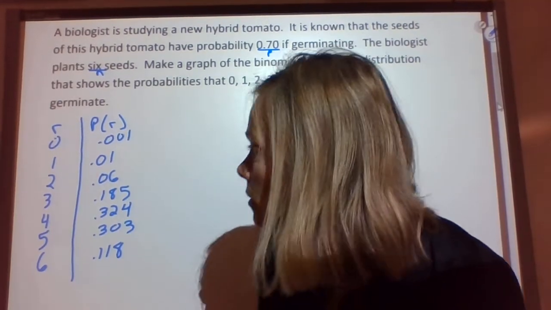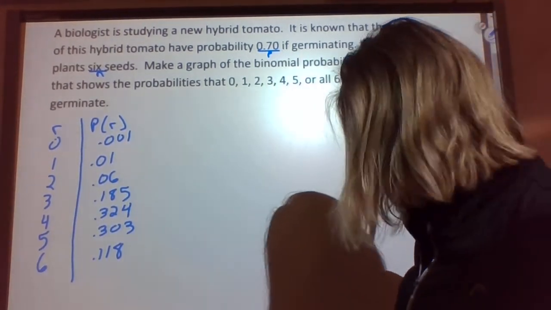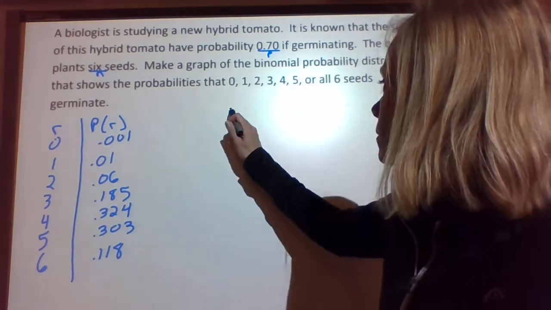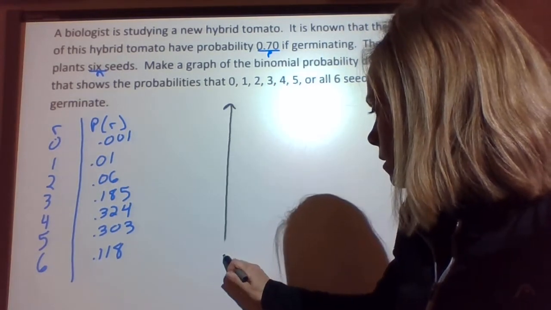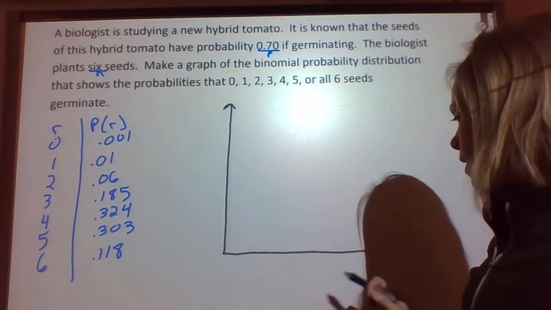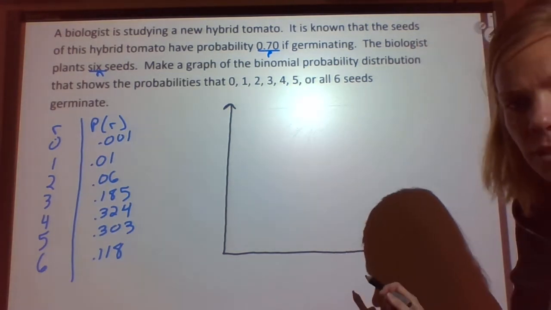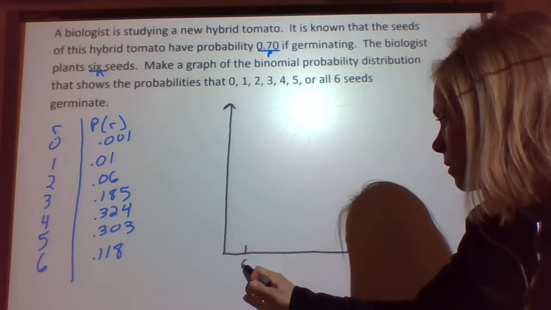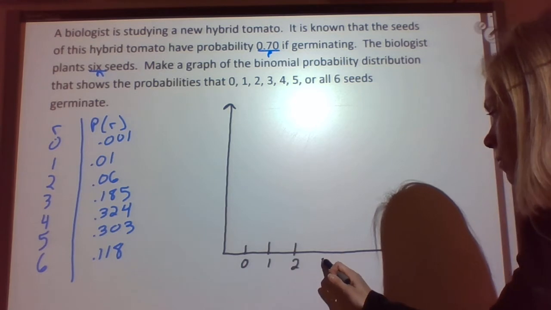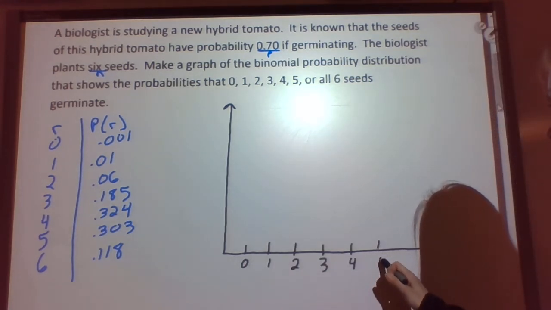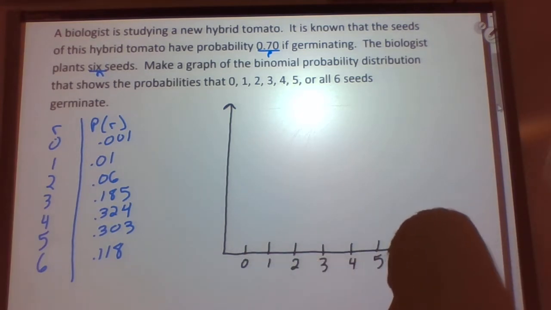That is it. So now if I start graphing, and again, my x-axis, I'm going to have 0 through 6. So 0, 1, 2, 3, 4, 5, 6. And my y-axis is going to be the probabilities.